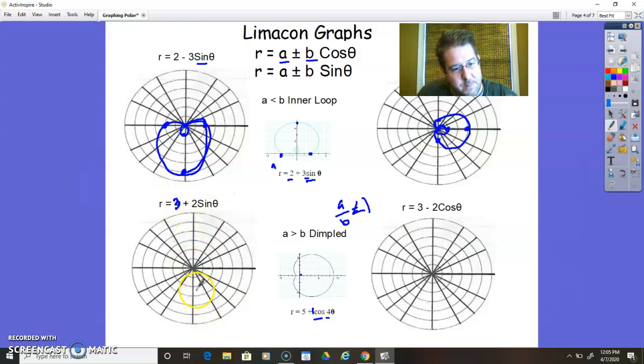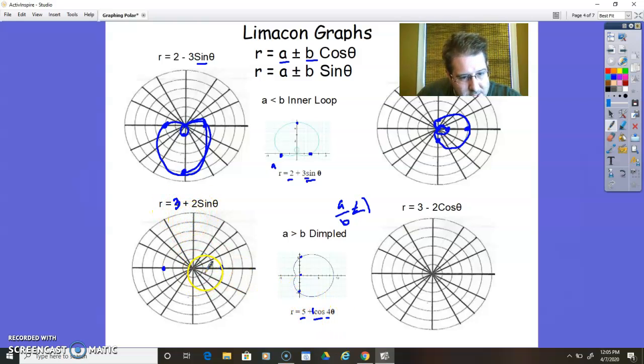So first of all, you know that the dimple's going up and down. You know it's going up because of the plus sign. And you know that this point right here and this point right here was 5, which is the same as this point, which is the same as we did up here. So 1, 2, 3, 1, 2, 3. The difference between them was 1.